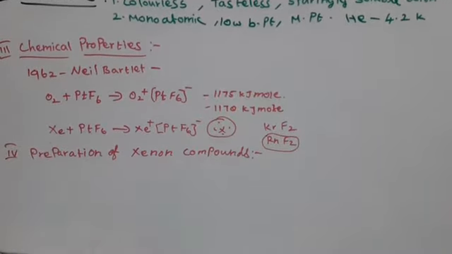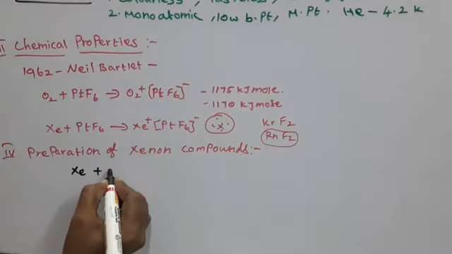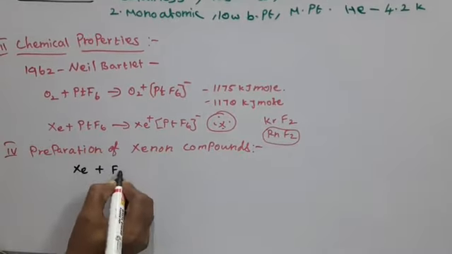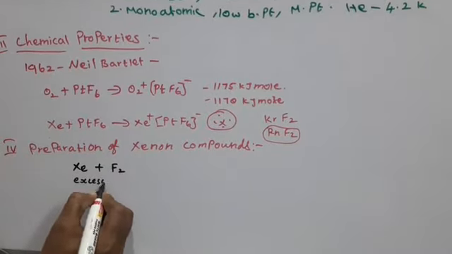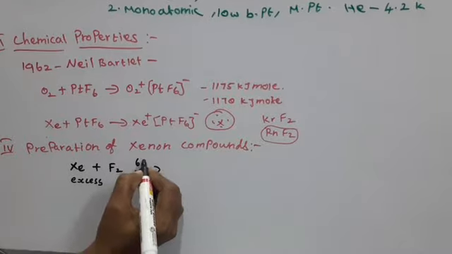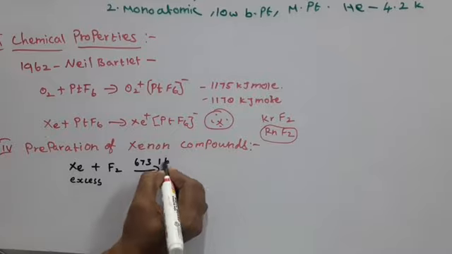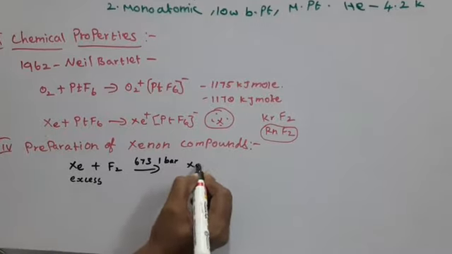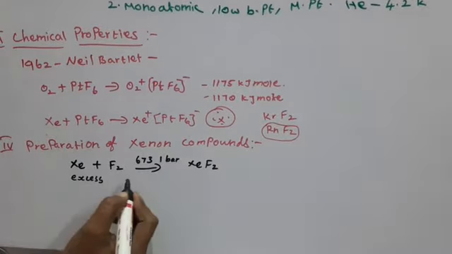The first one: xenon reacts with fluorine, with xenon in excess, at the experimental conditions of temperature 673 K and 1 bar pressure. That gives XeF2, the binary fluorides.